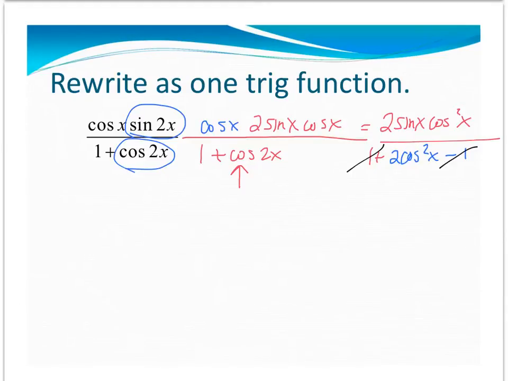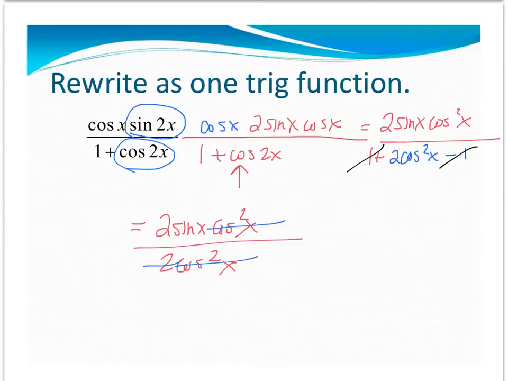Now the minus and the plus cancel, and I am left with 2 sine x cosine squared x over 2 cosine squared x. Cosine squareds cancel, 2's cancel, and we are left with just sine of x.